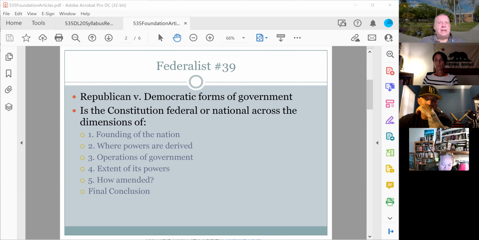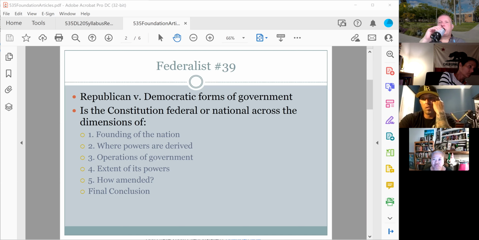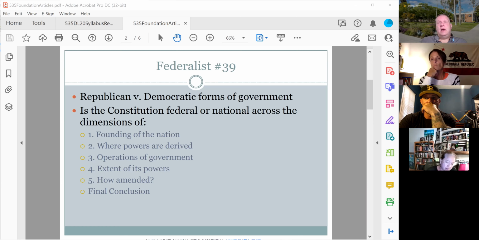So how about amending the Constitution? When we amend the Constitution, is that national or is that federal in nature? I believe he says it's federal in nature. Yeah, he said there's a very heavy federal component to it. States have to ratify amendments to the Constitution. But on the proposal side, amendments can be proposed by a 2/3 vote of the House and the Senate.